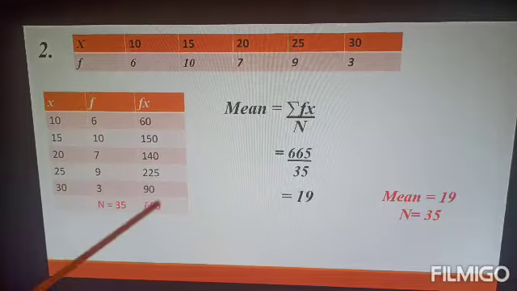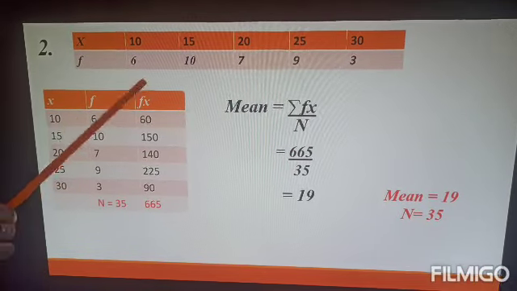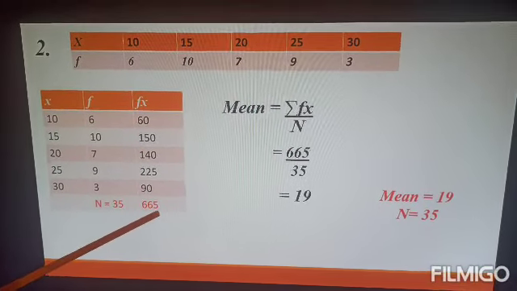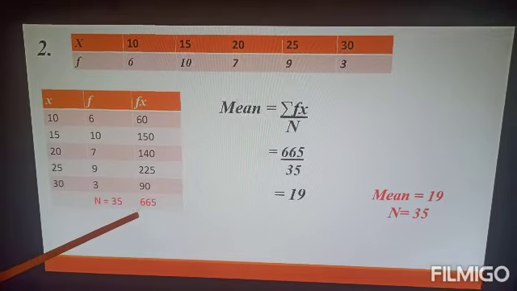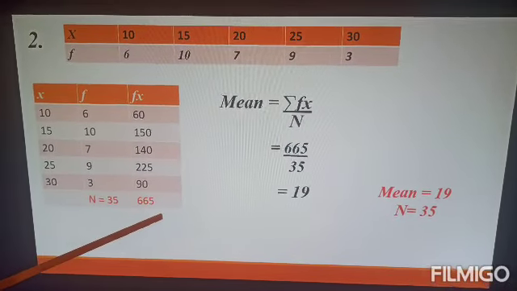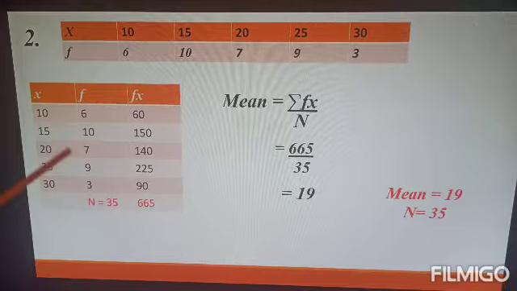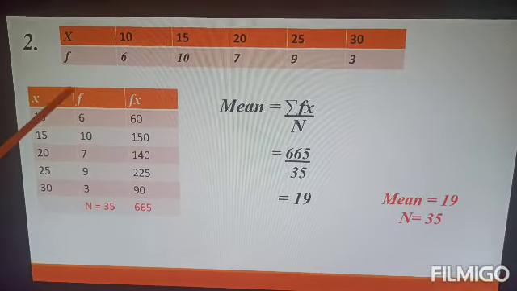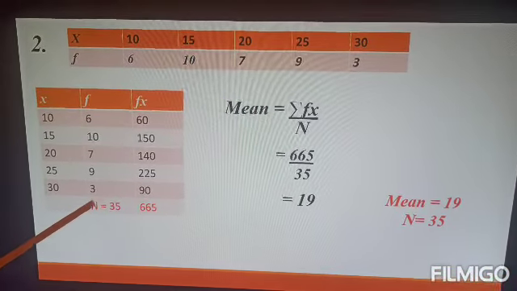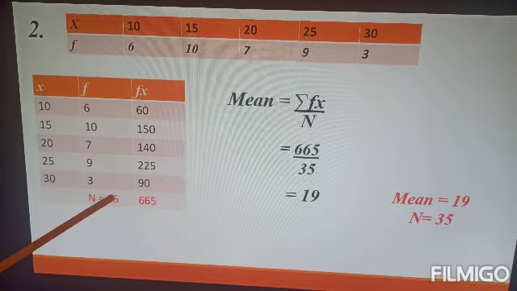Then we add the fx column, summation fx, we got 665. Then we add the frequencies column, the n value we got 35.